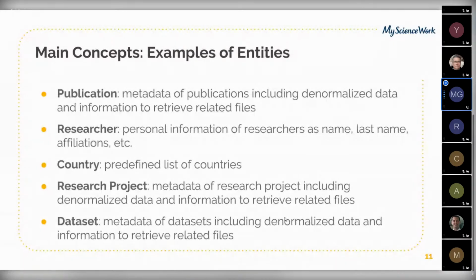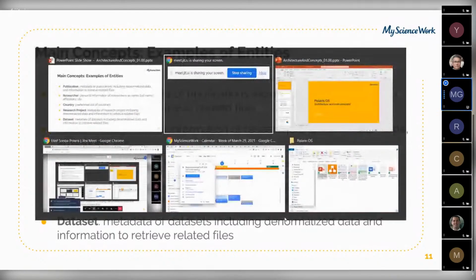It could be, for example, also researchers, where we have all the personal information. It could be a list of countries for a predefined list. It could be all the research projects or a list of data sets, for example. And these are just examples of what that could be.